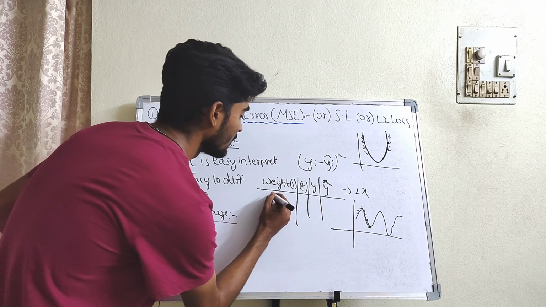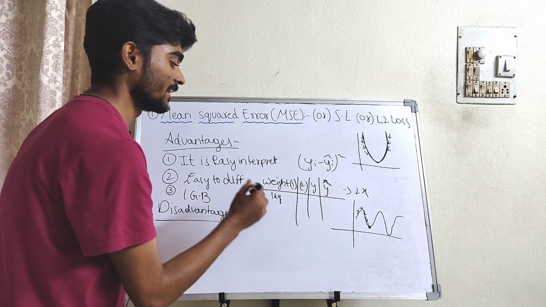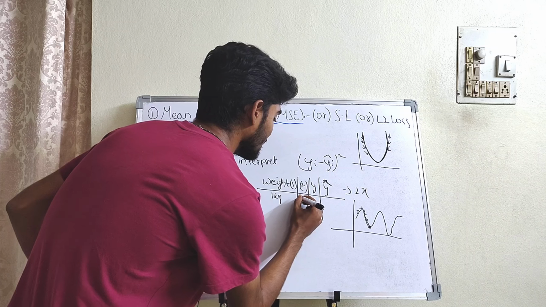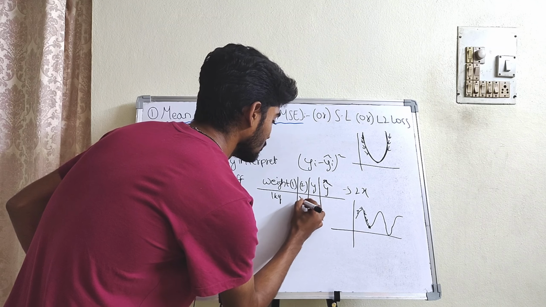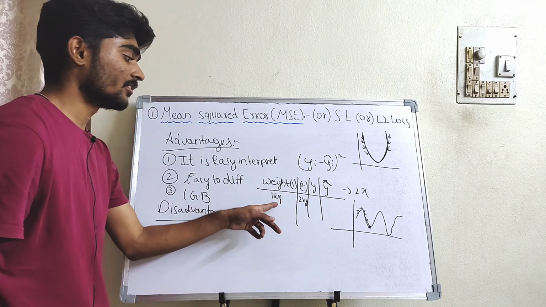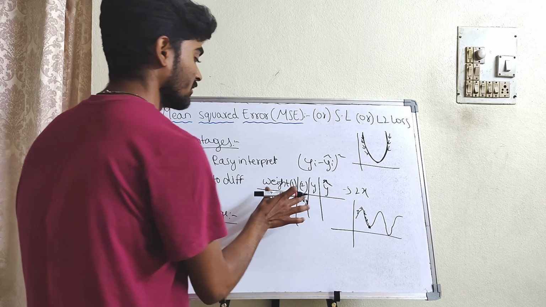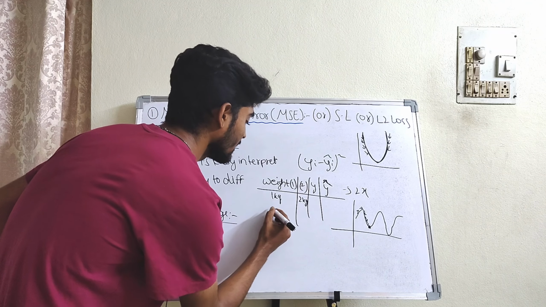Now let's say the first person's weight and the second person's weight are in kgs. This is the first training example and this is the second training example.